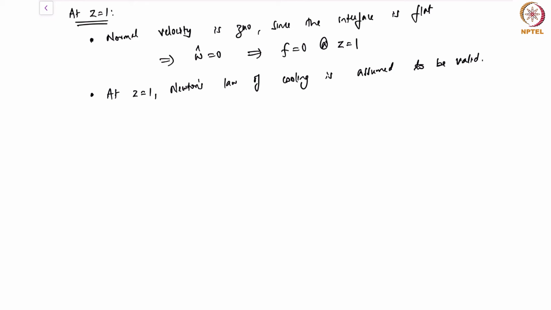So Newton's law of cooling, what does it say? It says that at the interface you have conduction, Q conduction, which would be something like minus K A dT by dz. This is conduction, and Q convection would be H A (T minus T naught).